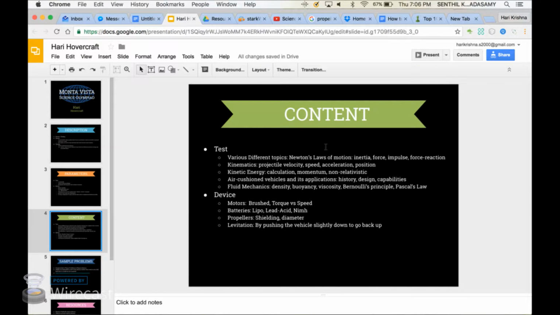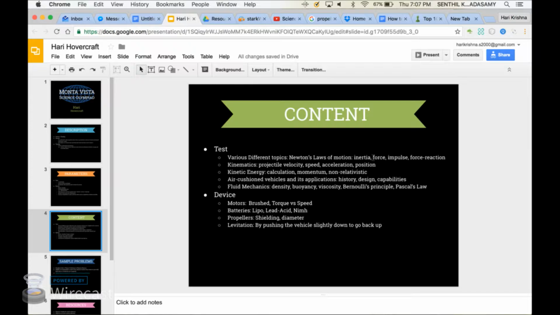For content in the test, there are lots of different topics, such as in Newton's laws of motion, there's inertia, force, impulse, force reaction. Inertia is the spread of mass around a specific object, which allows things to turn when things are rotating. Force is things that you experience every day that affect you when a mass or object is moving or accelerating, which is where the equation F equals ma comes from.